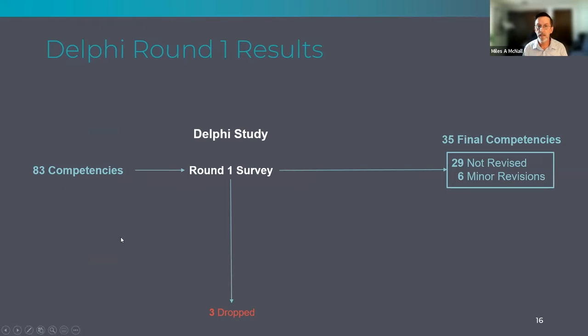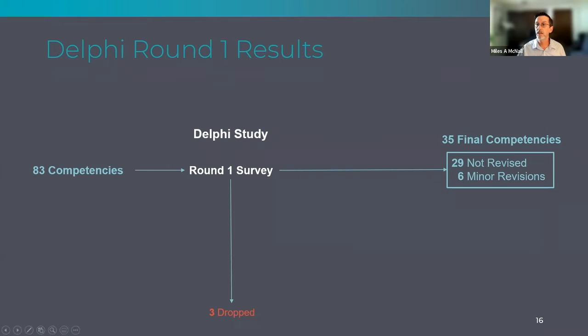So 83 competencies went into that round 1 survey, and 3 were dropped, mostly because the comments in the round 1 survey suggested that they were either redundant or unnecessary, or there was one that met the threshold for negative consensus.